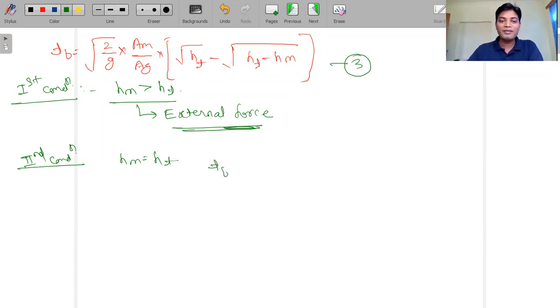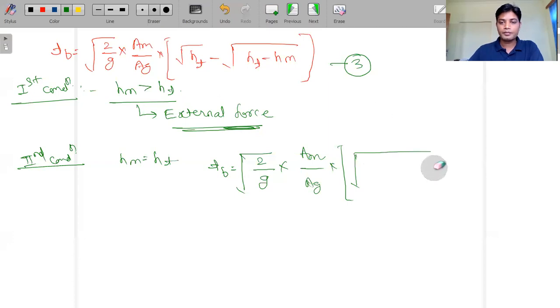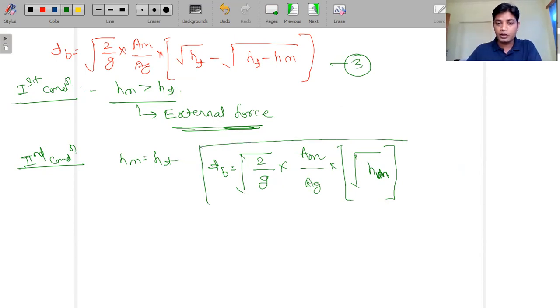So tb will be equal to root of 2 by g into Am by Ag, into root Ht minus root Hm, and both are equal, so this becomes 0. I'm not writing that value, so this has become root Hm. So this will be the total time calculated to fill the height Hm.